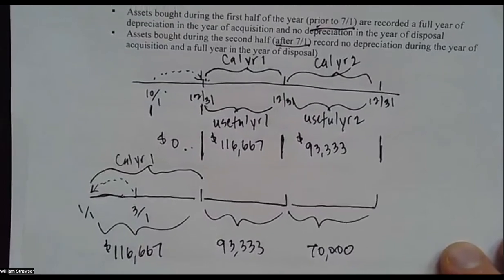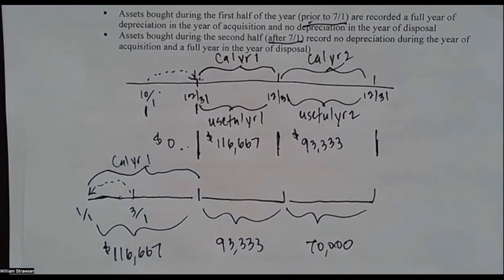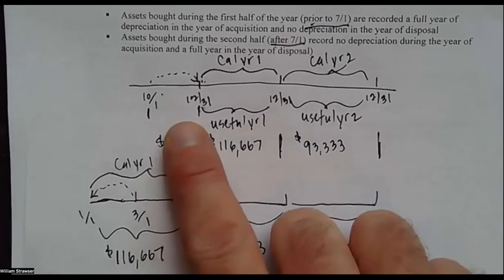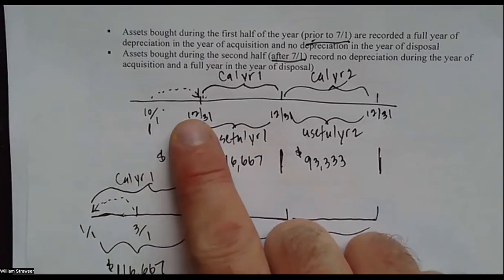So both of these modifications are very much prevalent in practice, because with depreciation, all we're doing is matching. We don't need it to be an exact science, if you will. It's okay that, in this example, I bought it on 10/1, but I'm not recognizing 3 months of depreciation this year.